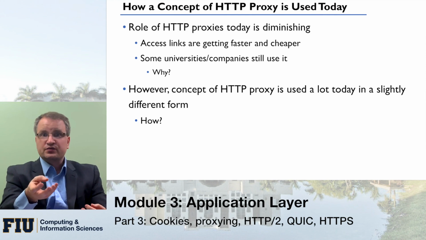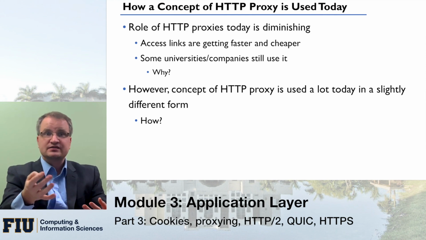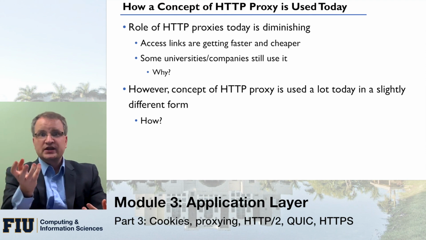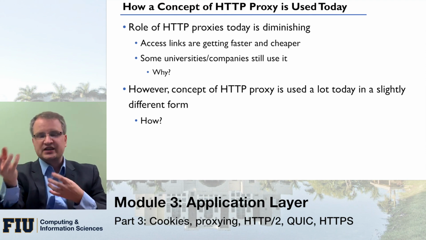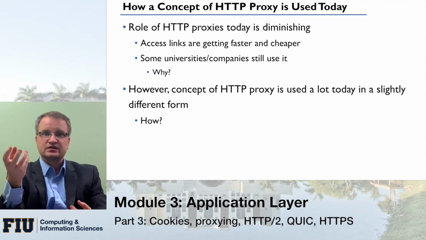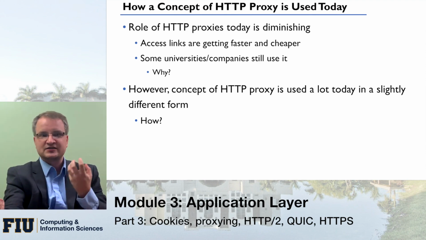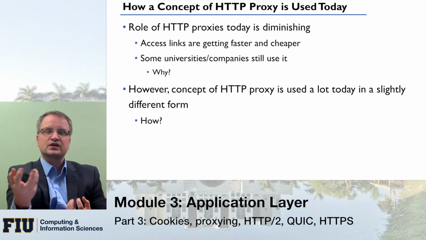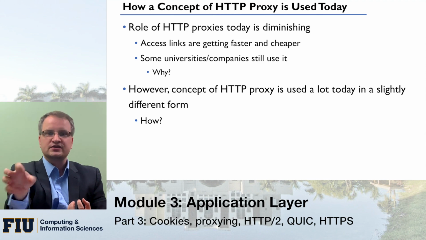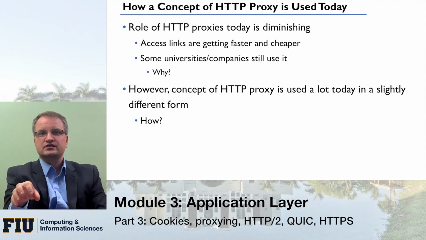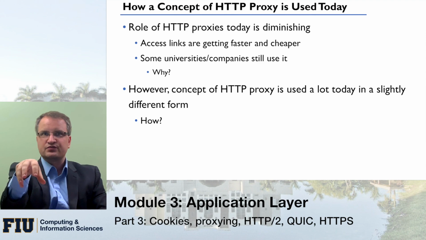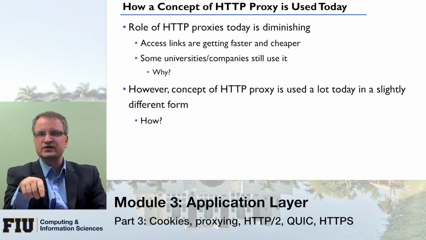Those applications really need to process a lot of requests that are coming faster and faster. And the concept of HTTP proxy is used today, as I said, in a slightly different way. It's not a reverse proxy, but rather a proxy that exists on the browser side, internal to the browser, and at the remote side near the application, just to make sure that if it receives too many of the same requests, it doesn't need to do very costly processing.